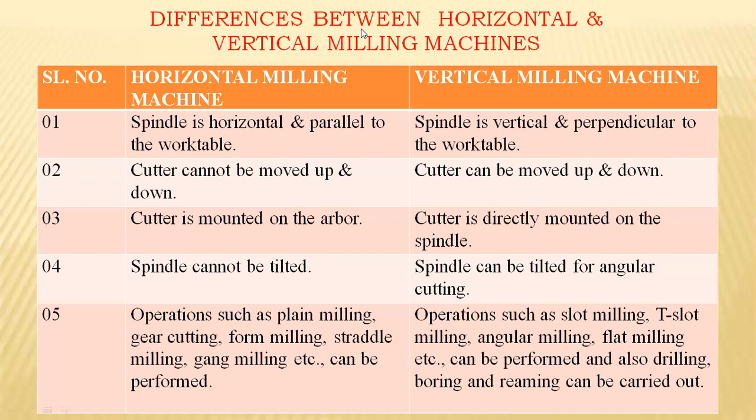And normally, the drilling process, boring process, threading, and internal threading also can be progressed in this vertical type of milling machine itself. So multiple working processes can be processed by a single machinery.